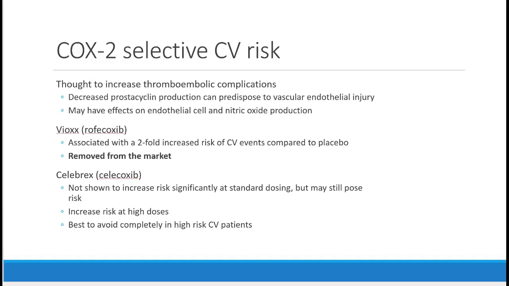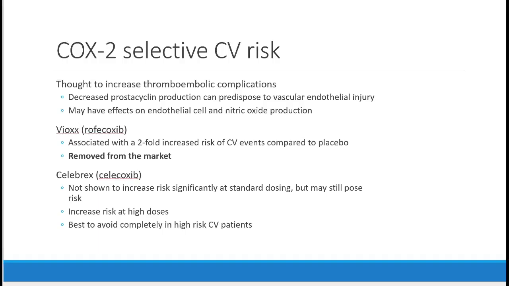Basically, the underlying mechanism is that there's some thought that there are increased thromboembolic complications, and this is probably related to prostacyclin production decreasing due to the NSAID use, which predisposes the vascular endothelial cells to injury. There's a couple other speculated mechanisms. We aren't 100% sure, but that's the major theory behind this.